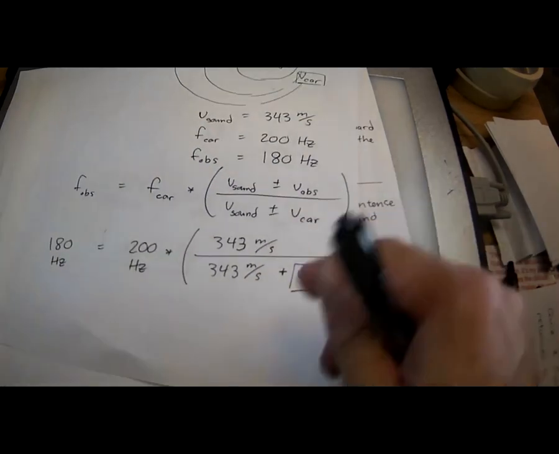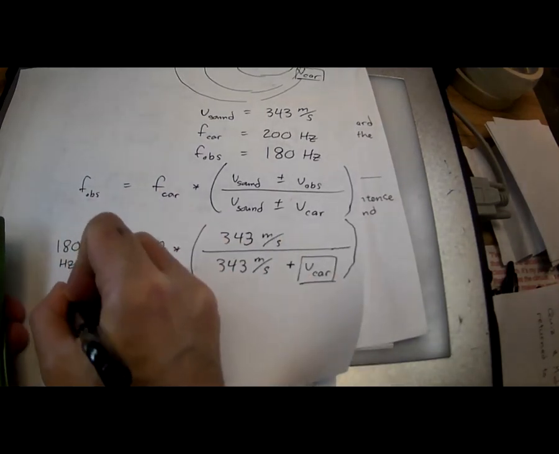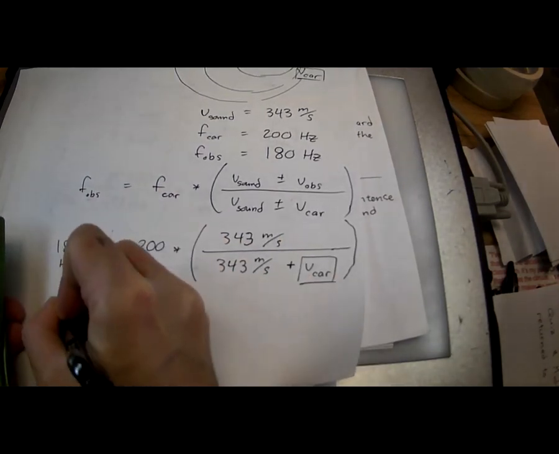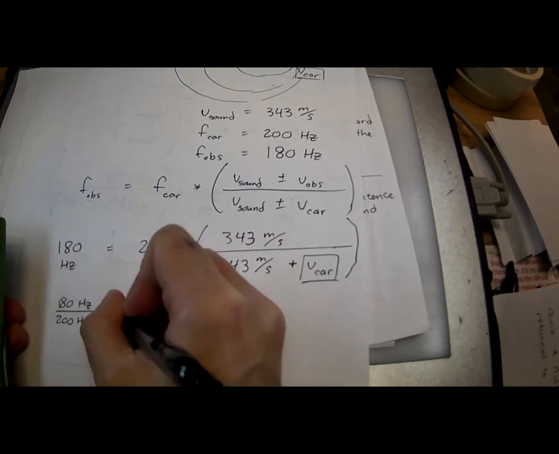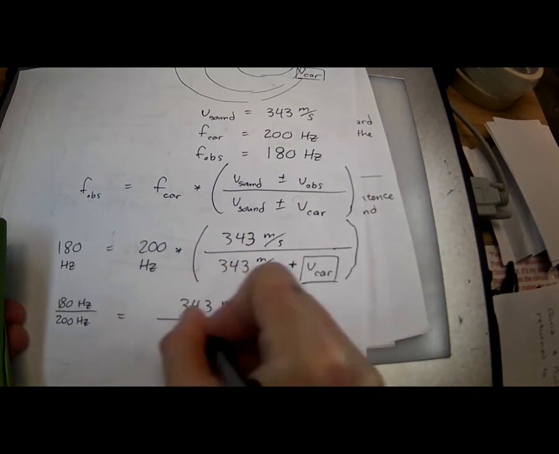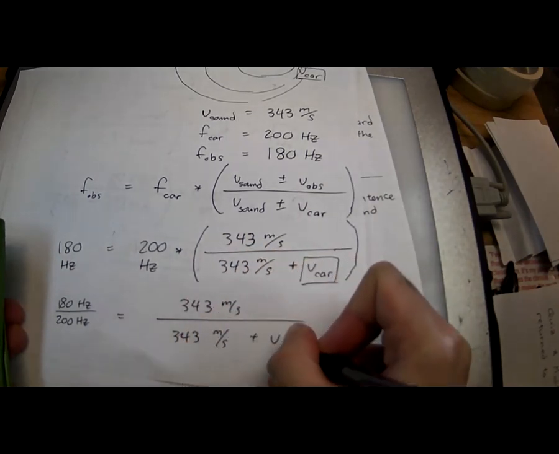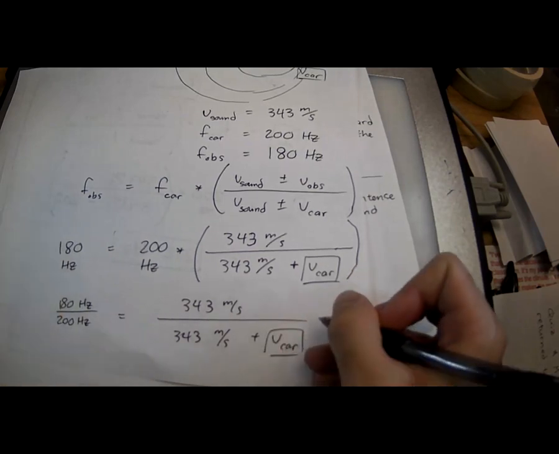So break out your algebra skills. Maybe divide the 200 down. So 180 compared to 200 is 343 meters per second over 343 meters per second plus v car. Okay, good so far.